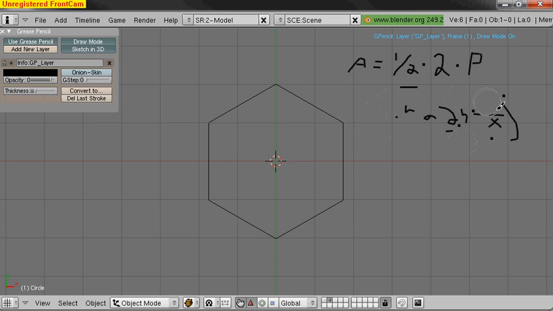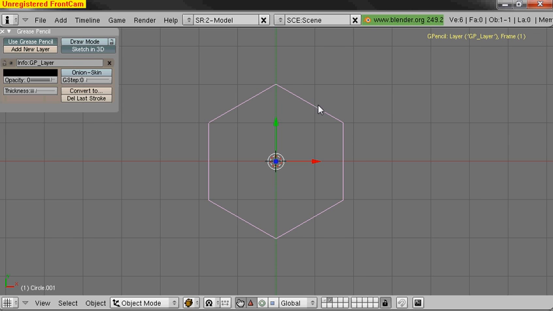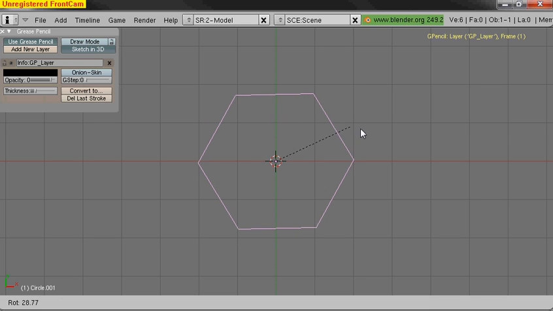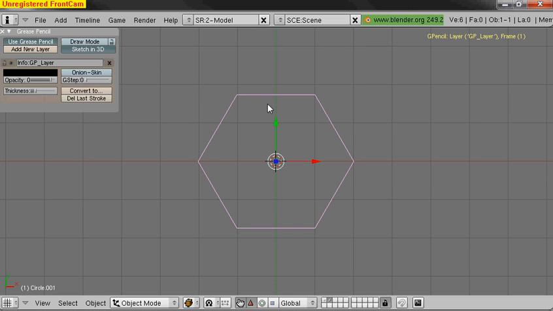I like hexagons. They look like honeycomb. That's one good thing. I'm going to rotate this so it's easier. Something like that. Trying to get it as straight as I can.